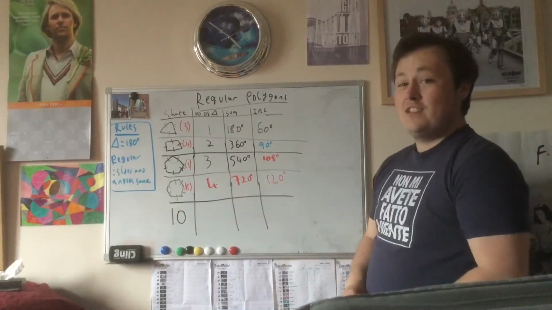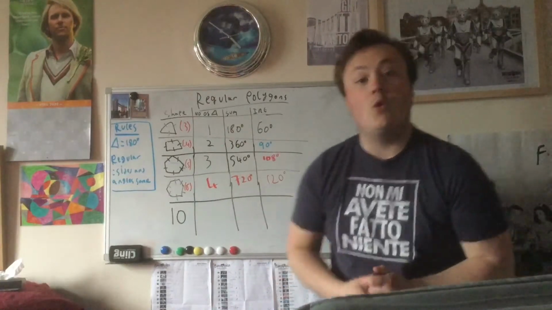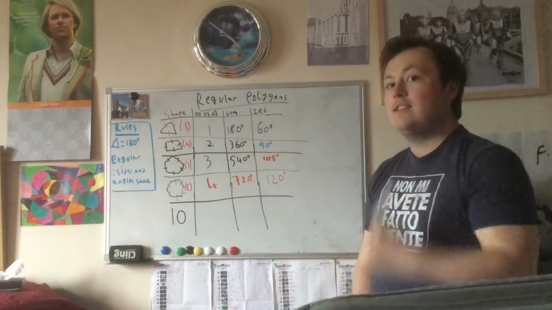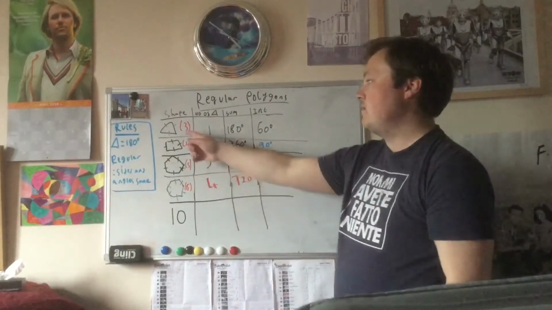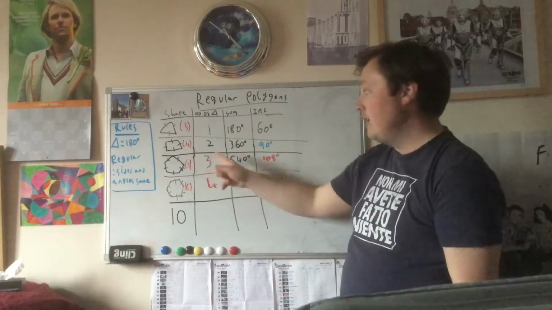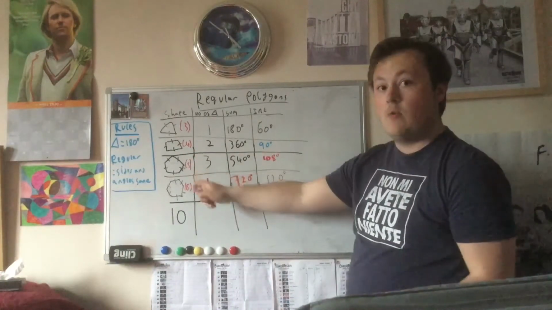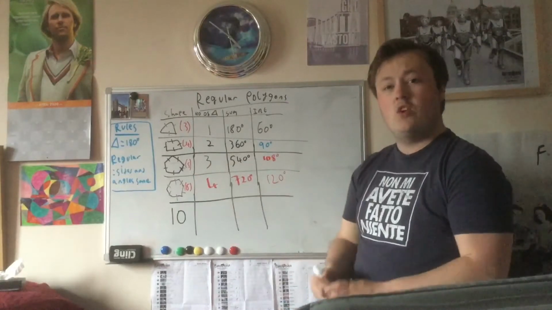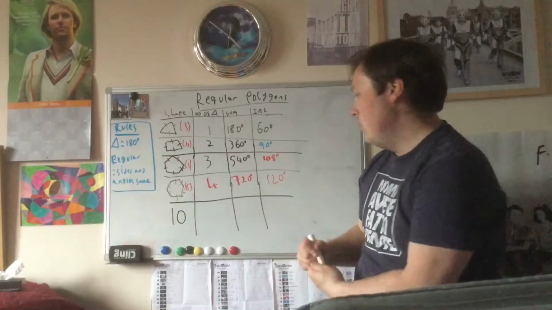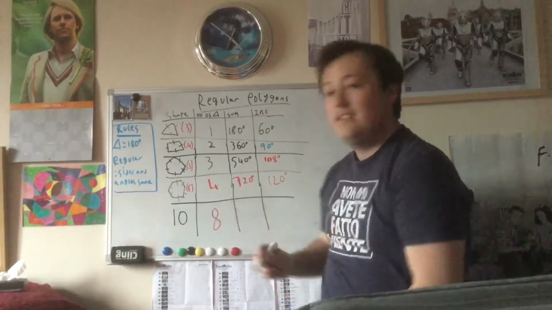If you've noticed that the number of triangles is always 2 less than the number of sides the shape has, you're bang on. Because 3 take away 2 gets you 1. 4 take away 2 gets you 2. 5 take away 2 gets you 3. And so on. So for the 10-sided shape, the number of triangles will be 8 triangles.